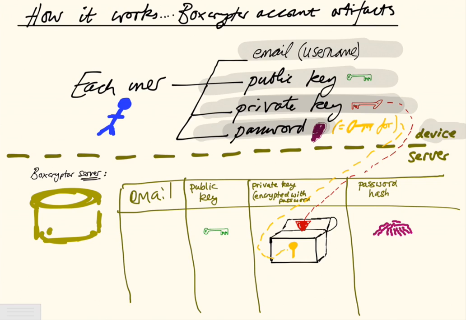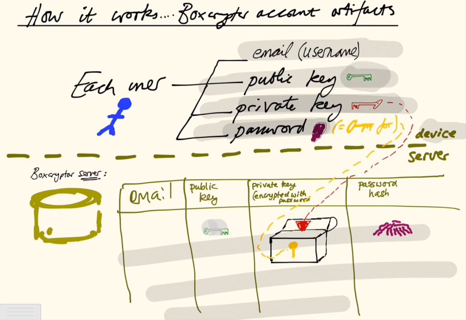But what is key is to think about what is being stored on the Boxcryptor server, right? So again, we think about the Boxcryptor server like a database table with one row for each user, and for this particular user, we store the public key on the Boxcryptor database, right?